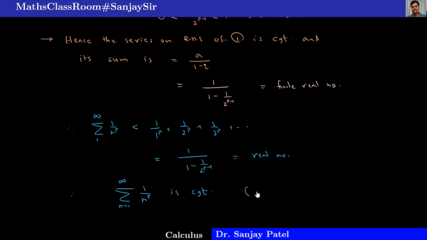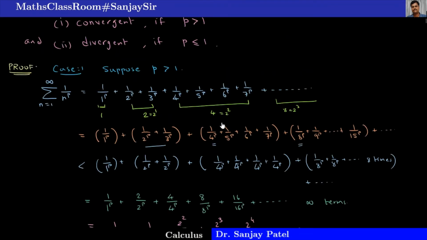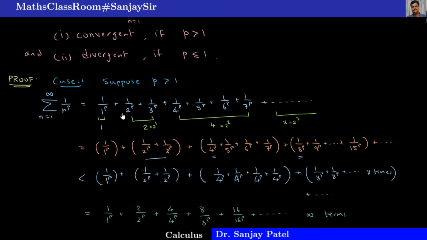In here we have used the condition that the value of p is greater than 1. So case 1 is over. Whenever p is greater than 1, what we have proved is this series is convergent.